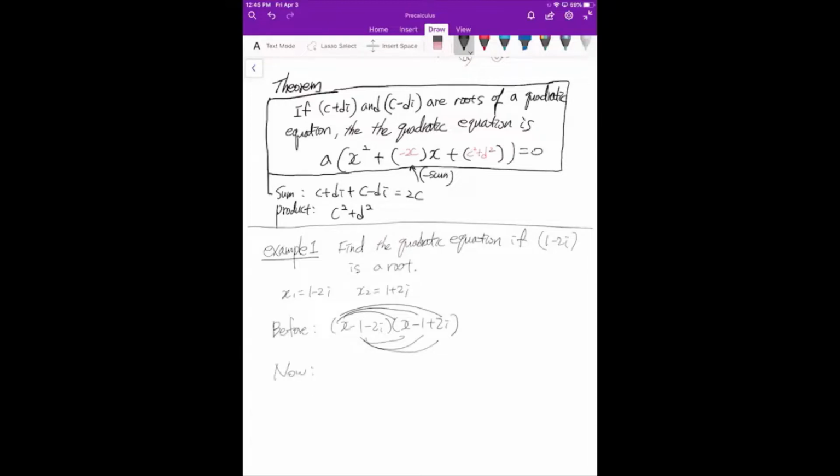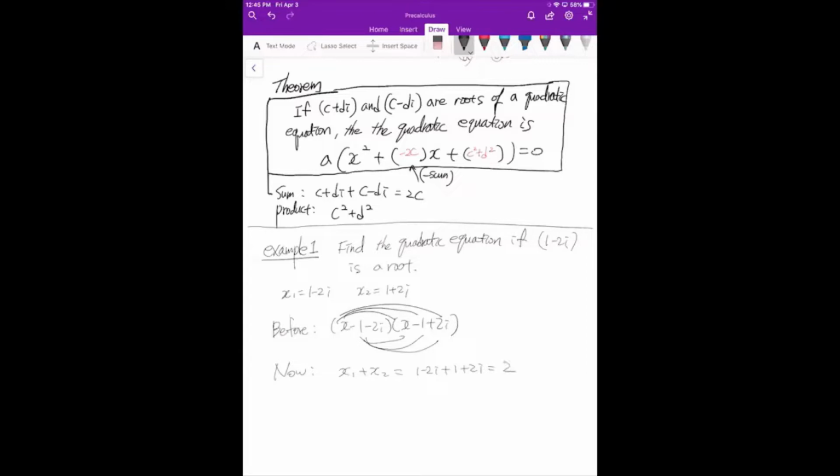So what is x1 plus x2? I want to get the sum. x1 plus x2: 1 minus 2i plus 1 plus 2i.